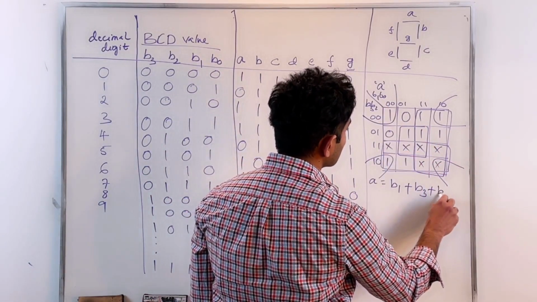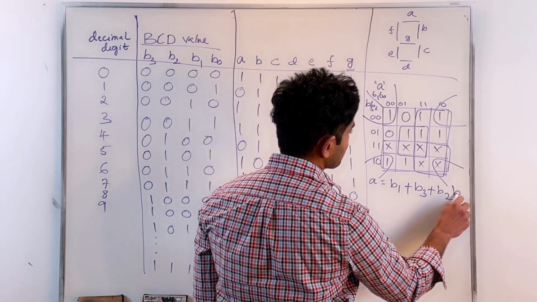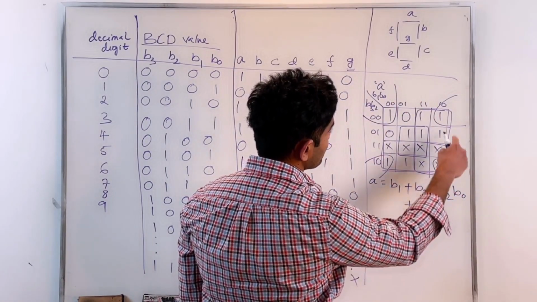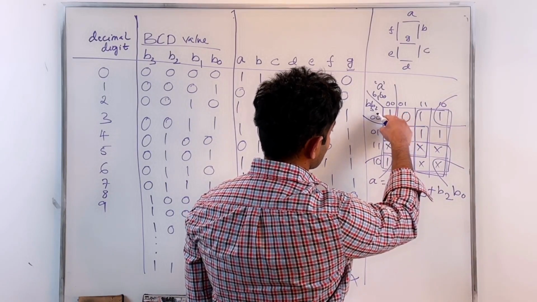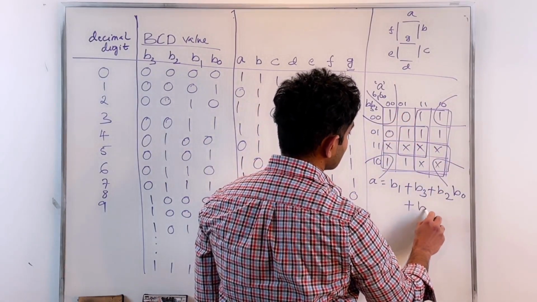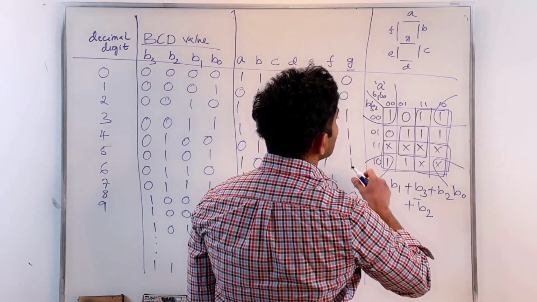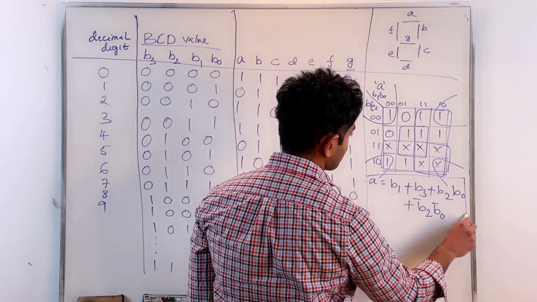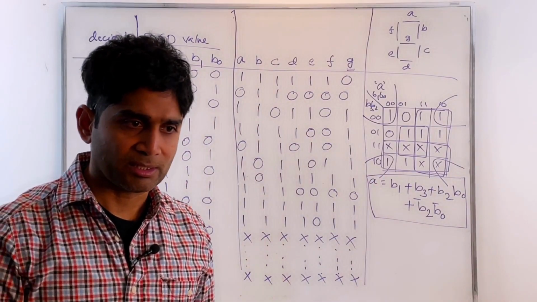And then going from here to here, I get B0. And then the corners: going from here to here, I get B2 prime. Going from here to here, I get B0 prime. That's my A. And likewise, I will implement my B, C, D, E, F, and G.